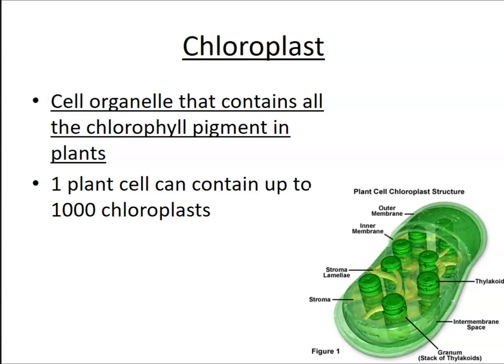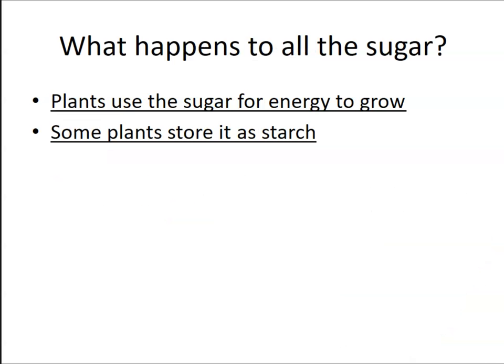So what happens to all that sugar that a plant actually makes? Plants use the sugar for energy to grow, as we saw in our peas that were just germinating. And they store it as starch, or it could be stored as regular glucose, sugar, carbohydrates.